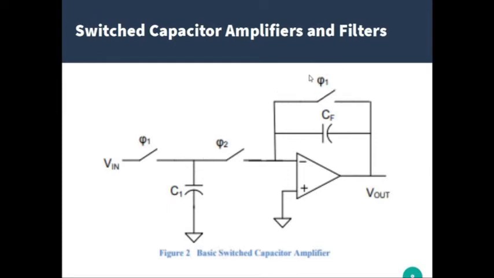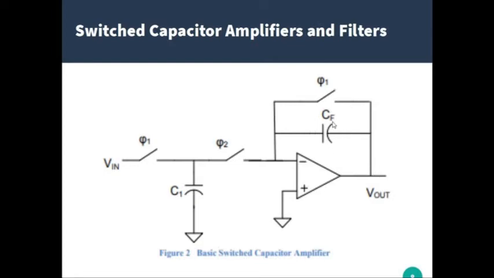The purpose of this switch is, when phi sub 1 closes, they close at the same time. When this switch closes, the feedback capacitor will be shorted. Since the feedback capacitor will be shorted, all the charges will be discharged from the feedback capacitor.